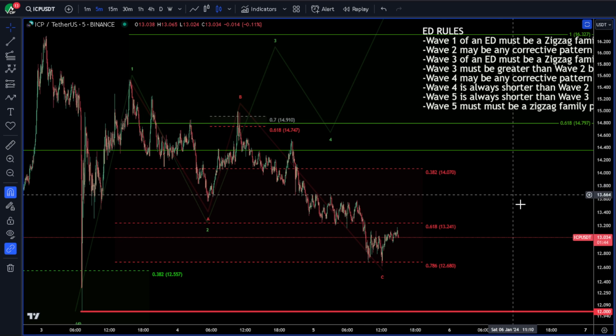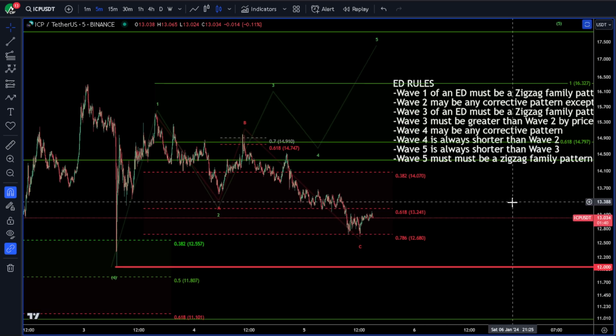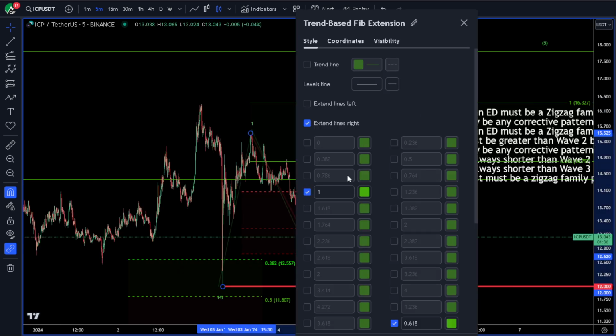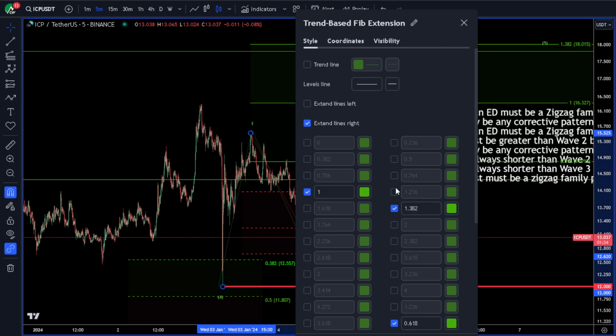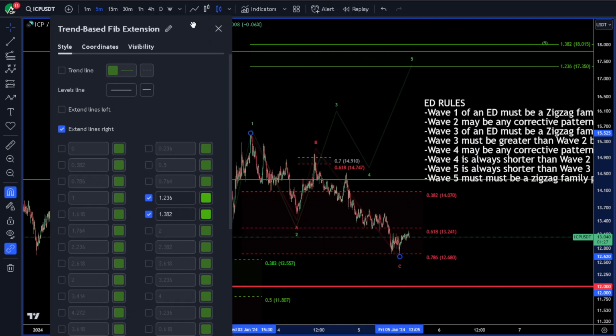If it's a leading diagonal, that would be great for our trade setup. Like I said, we'd expect a 1.618 extension. So we go 1.236, 1.382. That's the next level I expect for this wave 3.